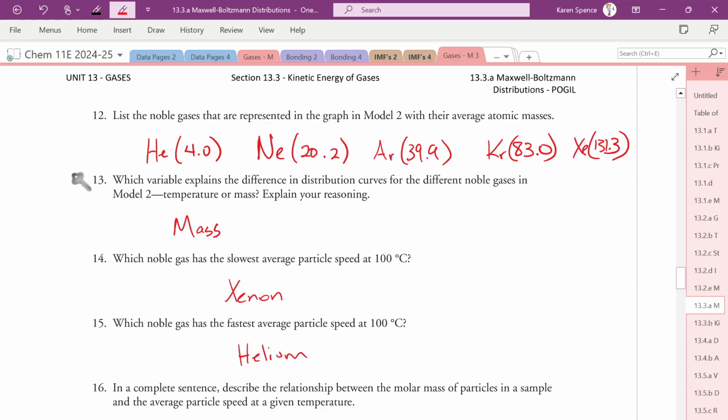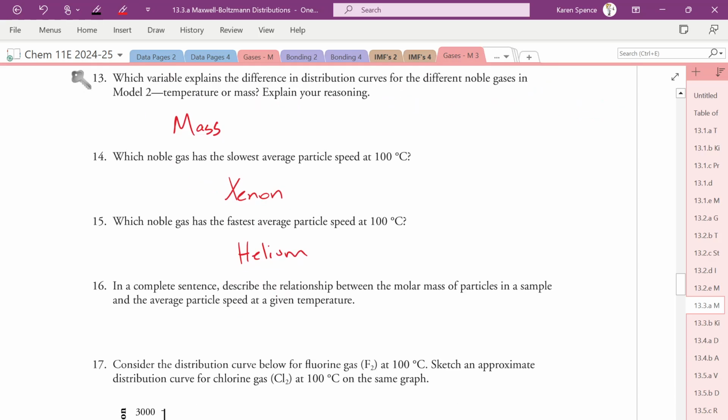In a complete sentence, describe the relationship between the molar mass of the particles and the average speed at a given temperature.